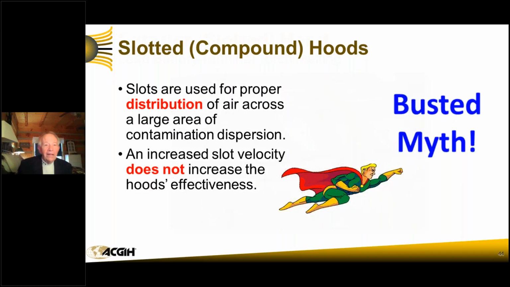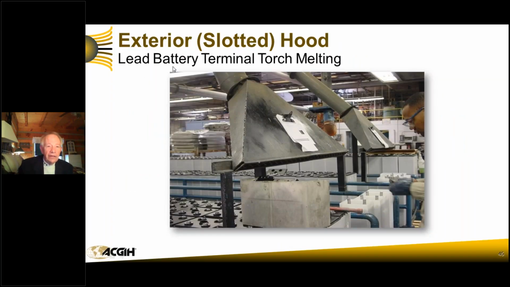All right, here is our exterior slotted hood. This is from my old factory. This is another means of distribution. We're not using the resistance across the slot to get even distribution. We're using the fact of this called a fishtail. This is a fishtail slot and a fishtail hood.